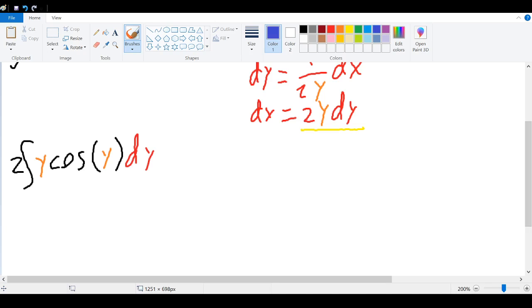So remember from last video, whenever you see a variable alone, you should try to make u equal to that variable. So let's say u is equal to y. All right. Therefore, du must equal dy. And so now our dv will be equal to cosine y dy.